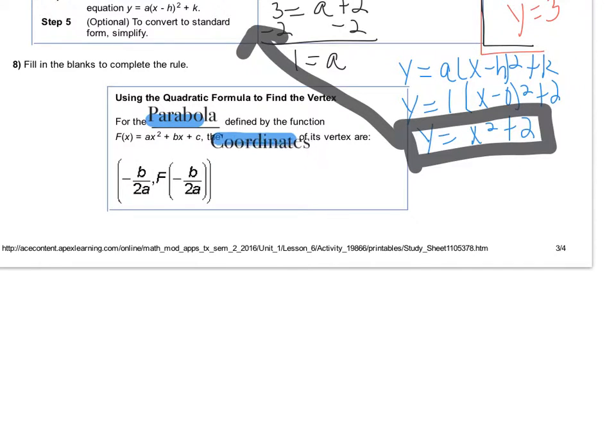There's really not enough space, so I'm going to just draw an arrow. You can find the vertex by doing negative b, or the opposite of b, divided by 2a for x, and y is the function of negative b over 2a.